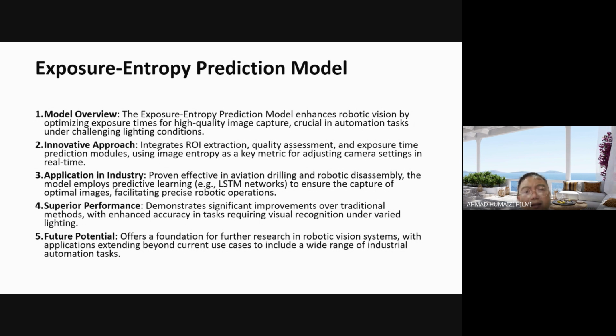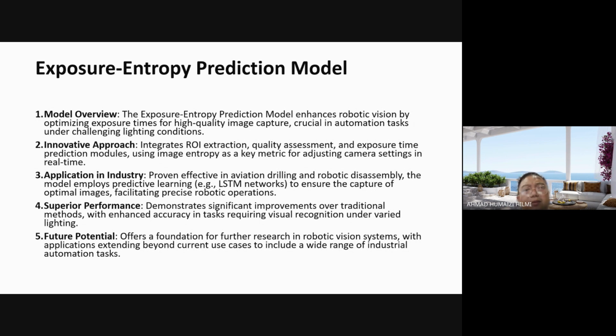We want to mimic the human eye, because the human eye can adapt to all situations. How about the robot? The robot has to learn. So what scientists do is they expose the task a little bit longer, so that the robot can identify that this operation is done in a little bit dark environment.